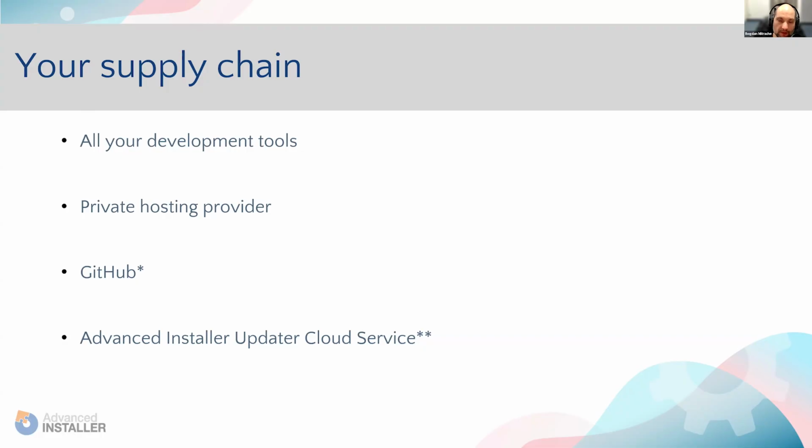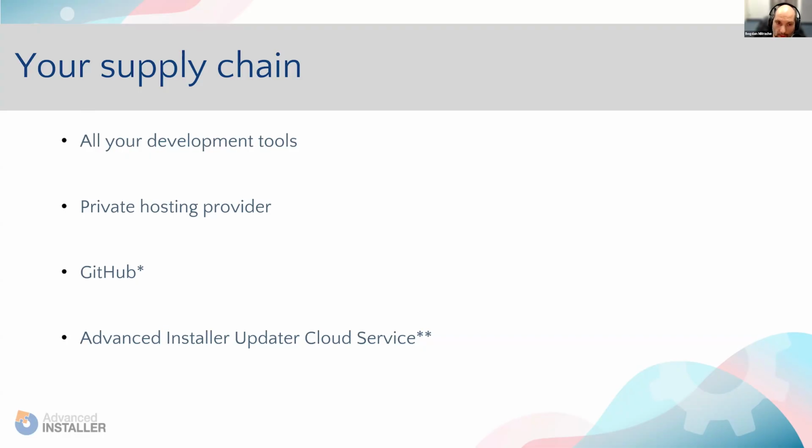And you should employ similar levels of security for the source code of your application, because if you integrate open source modules, or if you have external contributors to your application, those could be potential sources of attacks in your supply chain.